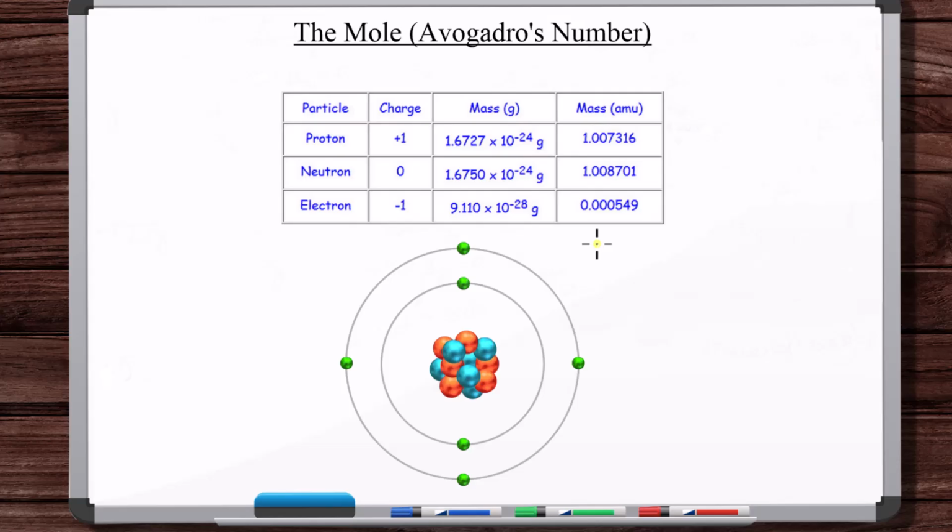When you're thinking about masses of atomic-sized particles, in particular the particles associated with nuclei of atoms, protons and neutrons, there's going to be a difference between a proton and a neutron on its own outside the nucleus compared to a proton or neutron within a nucleus, in which case they're referred to as nucleons. So the mass of a proton and a neutron as a nucleon within a nucleus is going to be different from the mass of a proton or a neutron outside of a nucleus on its own, not as a nucleon.